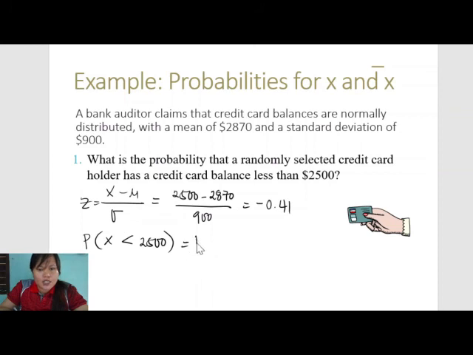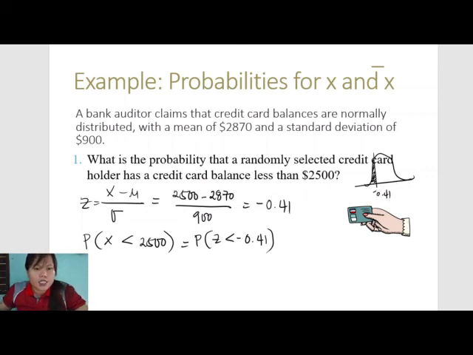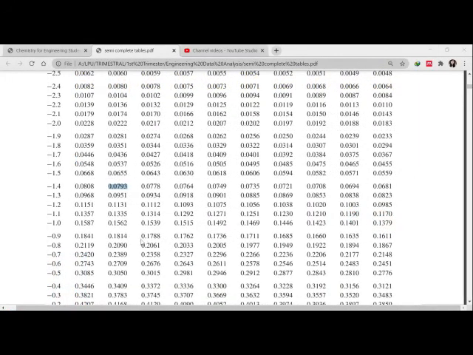Okay, which is equal sa probability na ang Z ay less than negative 0.41, which is in our chart, Z, negative 0.41. Okay, so kunin daw natin yan sa ating table. So, checking our table.